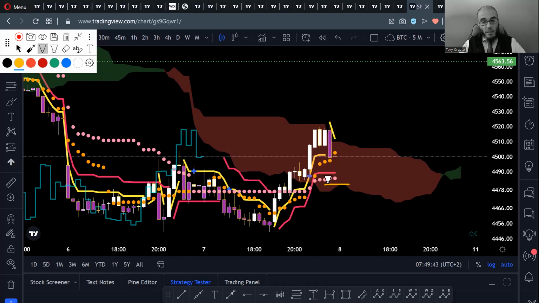The thing with that entry is that if price does not move up straight, my stop loss would be very close to price, since it would be a little below the Kijun, and the super trend is above the Kijun here. That's the only thing I must be aware of if I take the 50-minute chart.